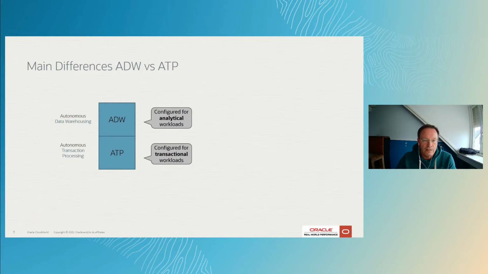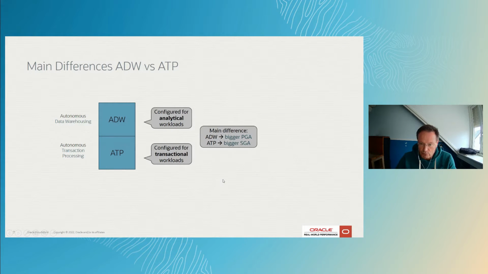Now, if you look at ADW versus ATP, what we say is that ADW is configured for analytical workloads, whereas ATP is configured for transactional workloads. But if you actually go and check what the differences are, there is just one main big difference.